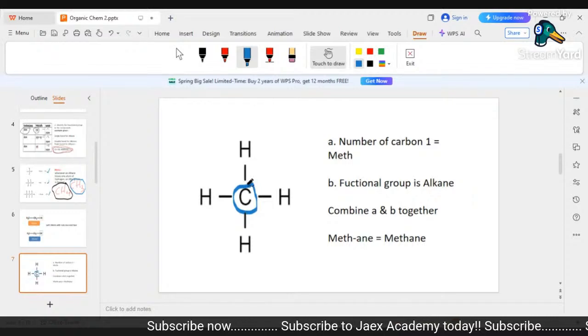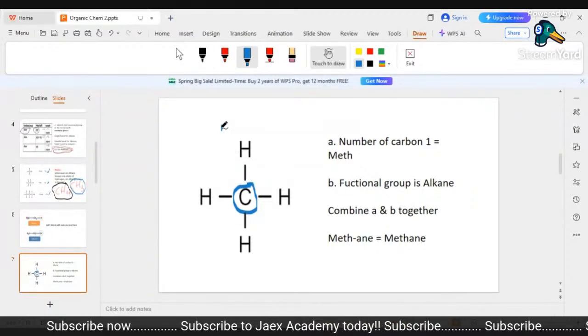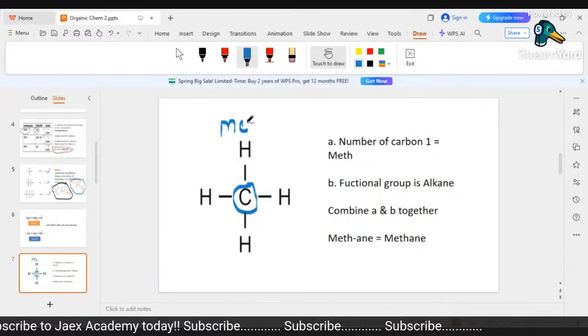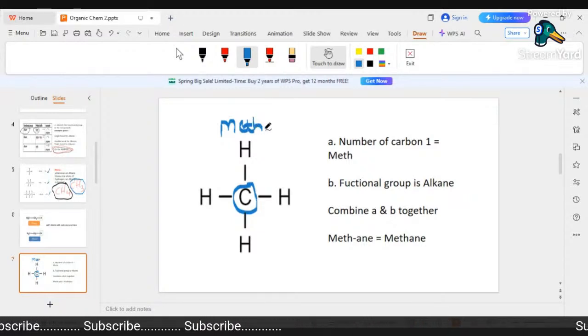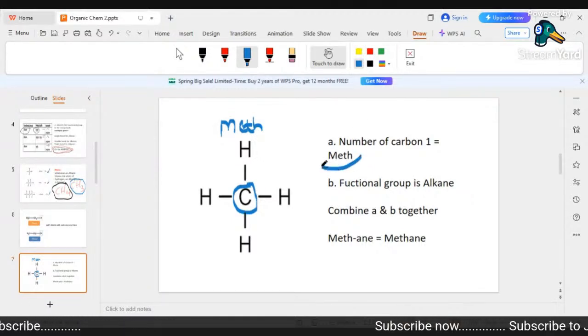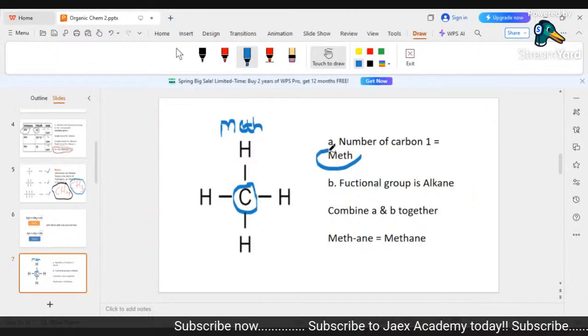What is 1? 1 is meth. Now, what is the functional group?